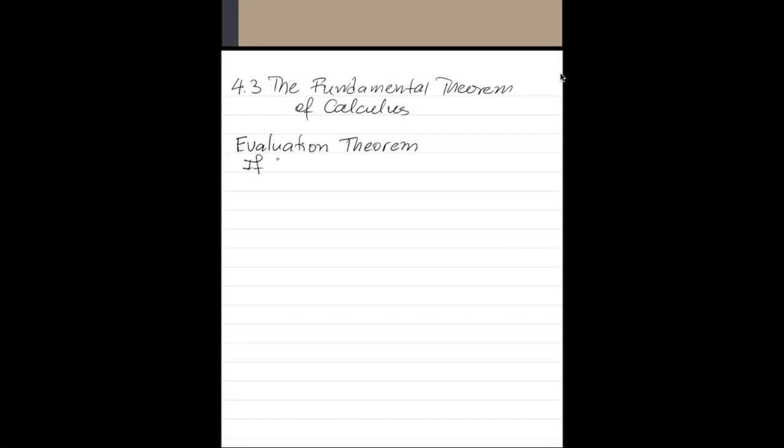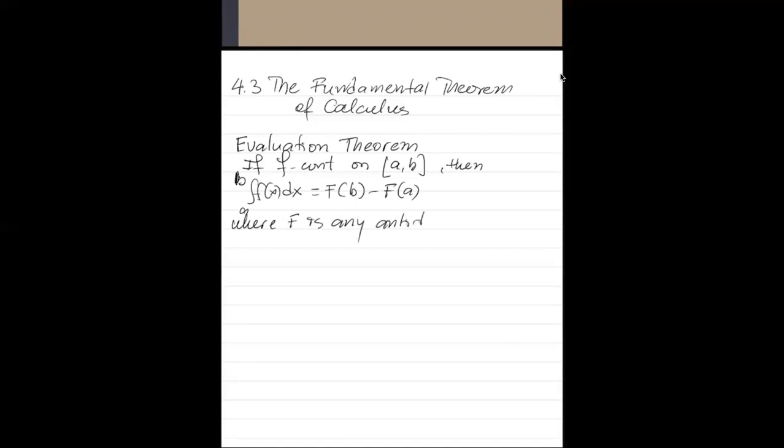So if f is continuous on [a, b], then the integral from a to b of f of x dx is capital F of b minus capital F of a, where capital F is any antiderivative of little f. That is, big F prime is equal to little f.